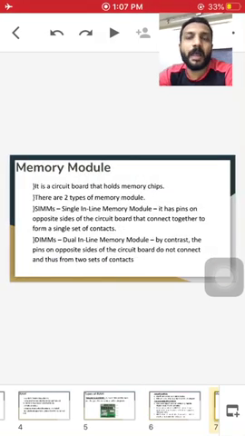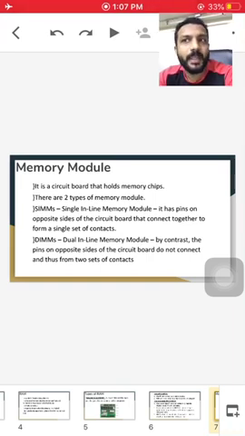Next one we have is the memory module. A memory module, in which you can insert RAM or ROM into the system, is a circuit board which holds a memory chip. There are two types of memory module: SIMM and DIMM. SIMM is a single inline memory module.